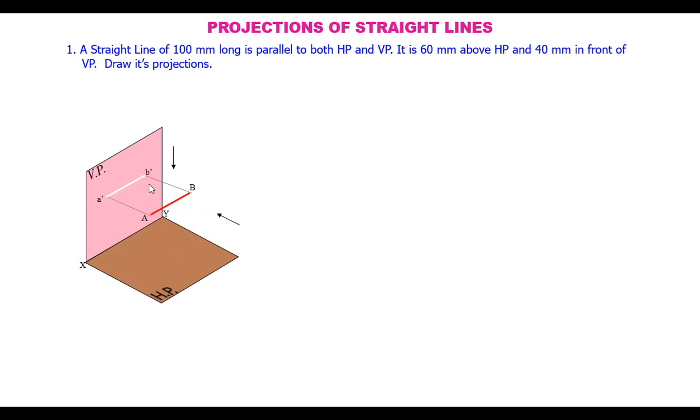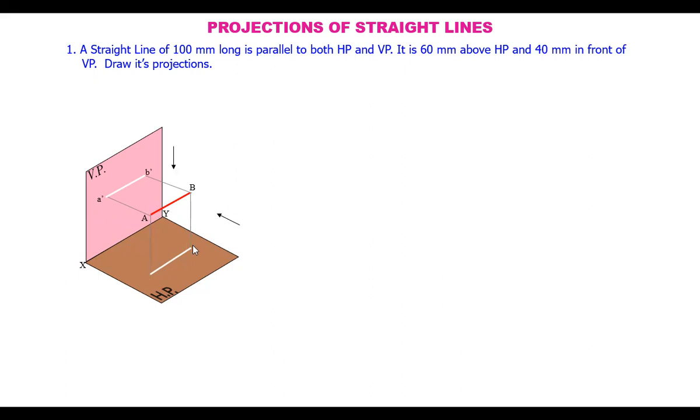When you see this line from the top, its projection, the top view, is obtained on the horizontal plane like this, and it is again parallel to the reference line. How far the line is from the vertical plane is visible in the top view also.